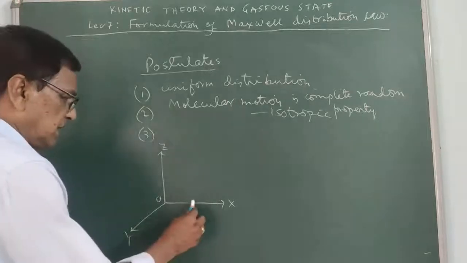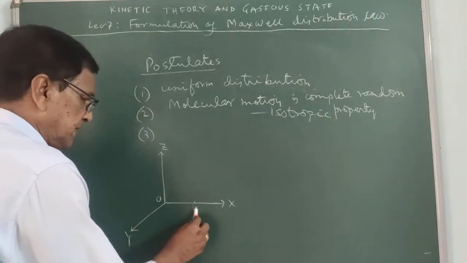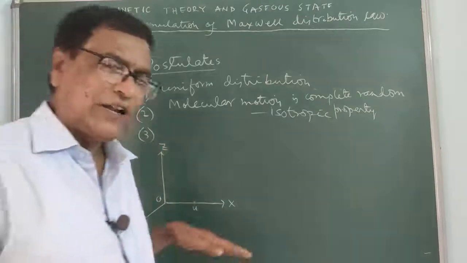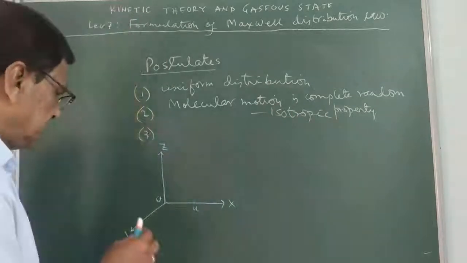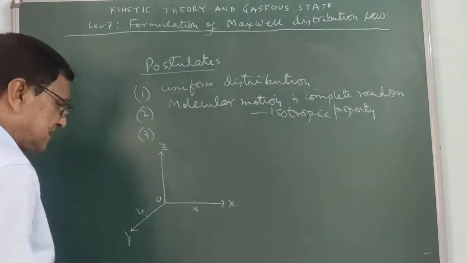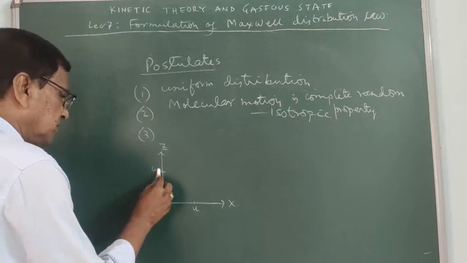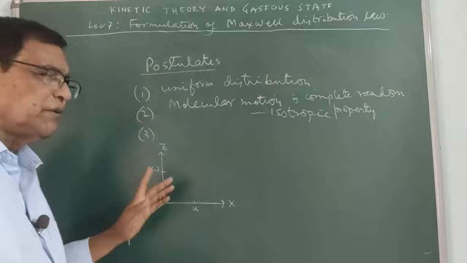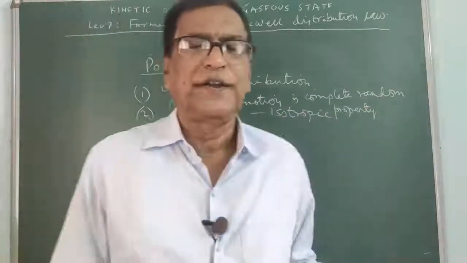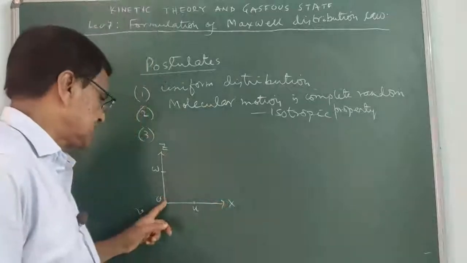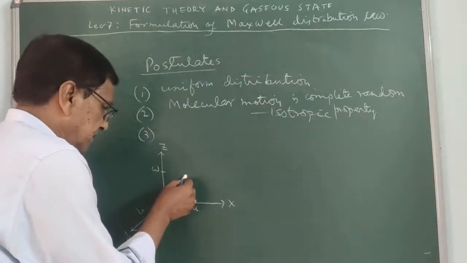Suppose u is the velocity of this molecule along this x axis, and v along this y axis, and w along this z axis. So u, v, w, they are the component velocities whose resultant speed is c.